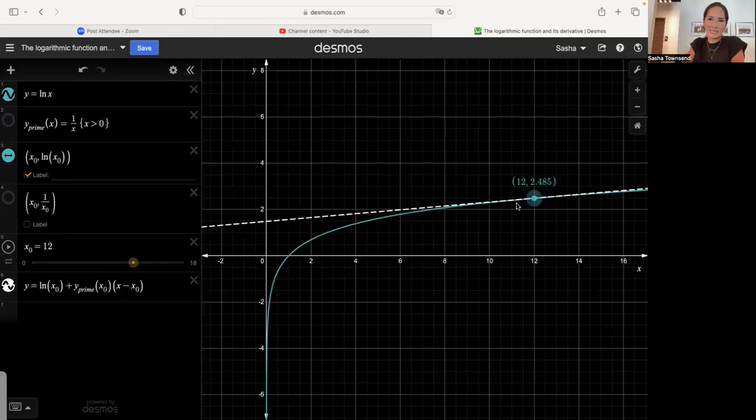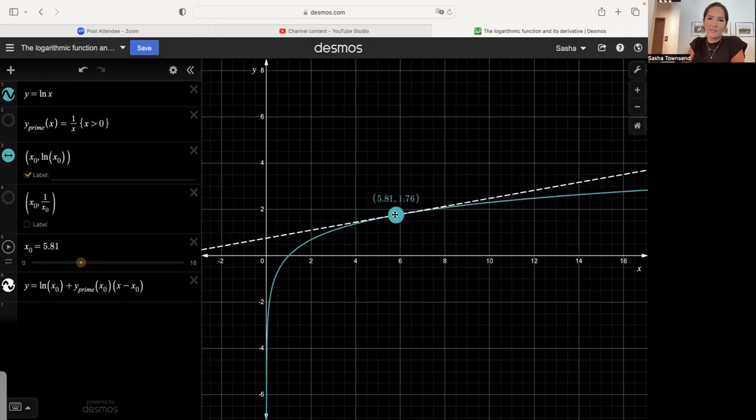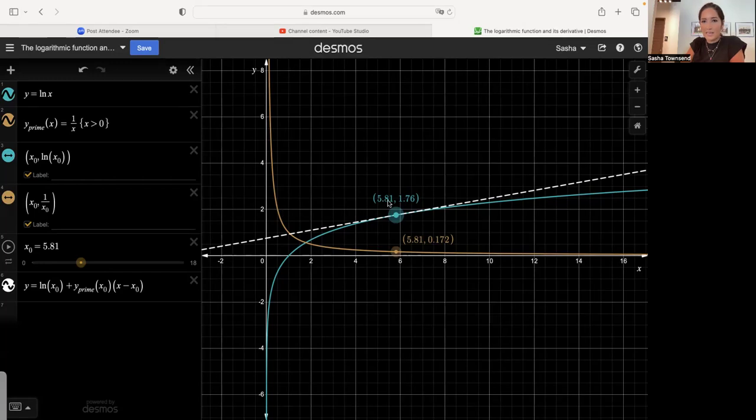So that's the idea. If you want the exact value for the slope, you can also graph the derivative and then find the function values of the derivative there. 1 divided by 5.81 is our slope, and the calculator tells us that's approximately 0.172.